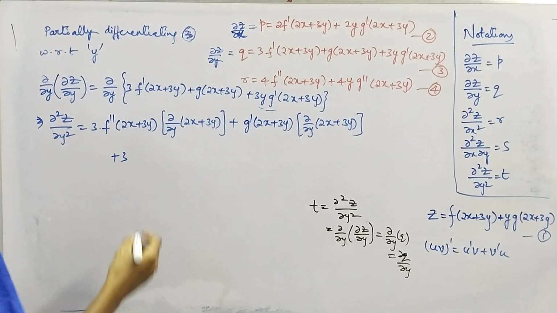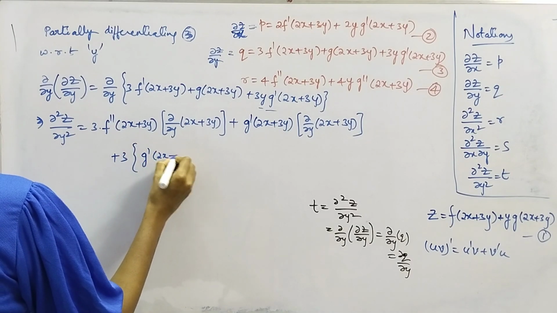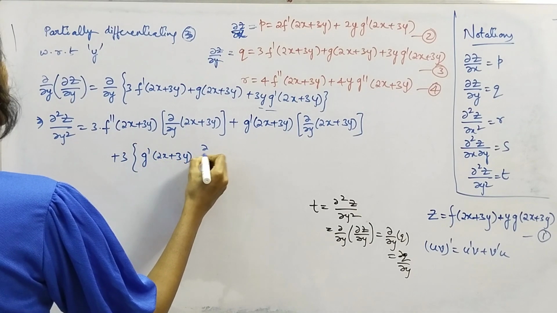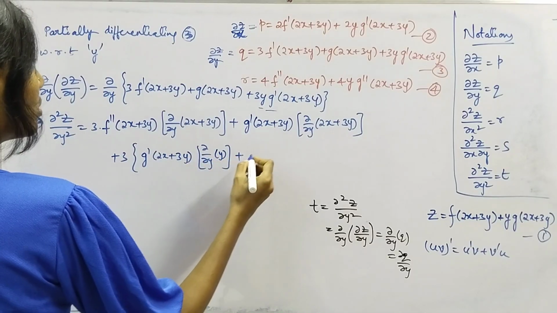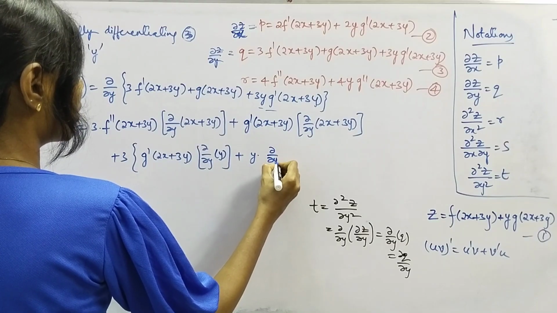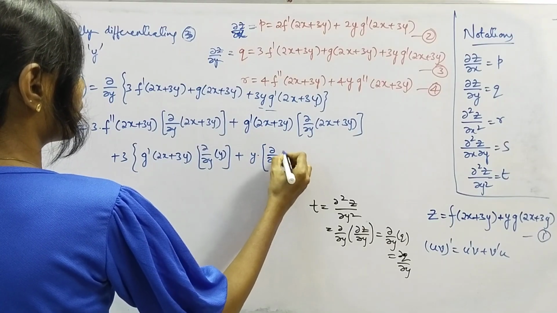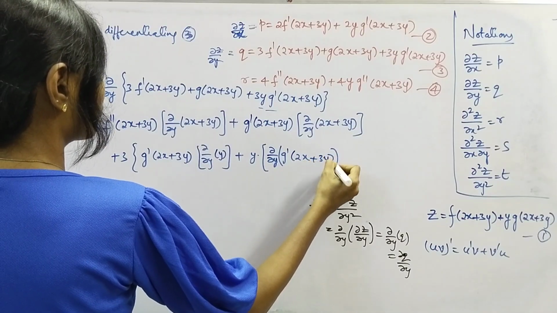You can apply the uv whole prime formula. So I'll get g' of (2x+3y) into the partial derivative of y with respect to y plus y into the partial derivative of g' with respect to y.